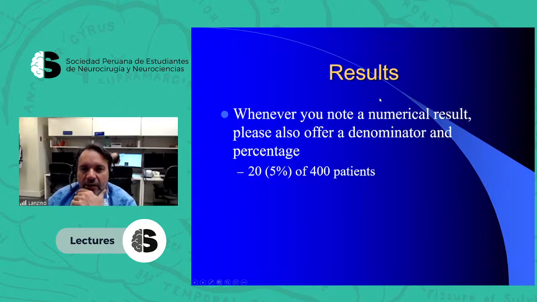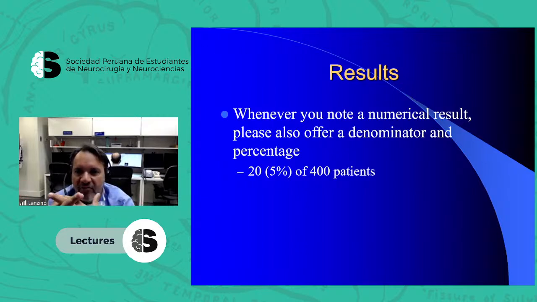A few practical observations about how to report your results. Let's say you're talking about ruptured AVMs, and you say 20 ruptured AVMs were in the frontal lobe. Well, that doesn't really mean too much, because 20 out of what?